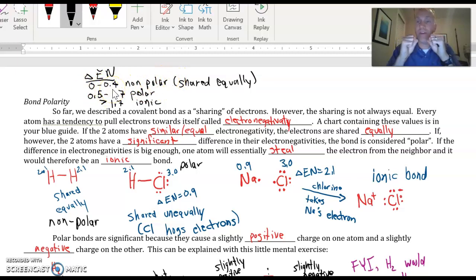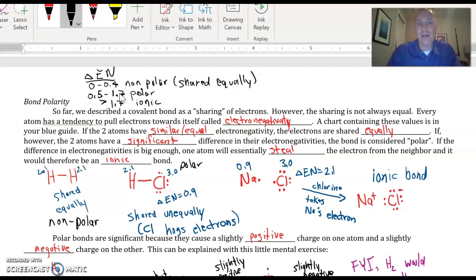Keep in mind, there can be a slight difference in the electronegativities and still be nonpolar. It's just one pulls on it a little bit more than the other, but it's still pretty close. All right. When the range is between 0.5 and 1.7, you would consider that bond to be polar. All right. If it's 0.5, you'd say that it's slightly polar. If it's 1.7, you would say that it's very polar.